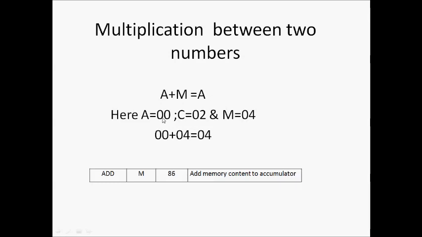Accumulator content is 00, memory content is 04, and we stored 02 in register C. So register C, 02, is nothing but the counter. When register C is 00, at that time we get the output. So accumulator 00 plus memory content 04 is equal to 04.